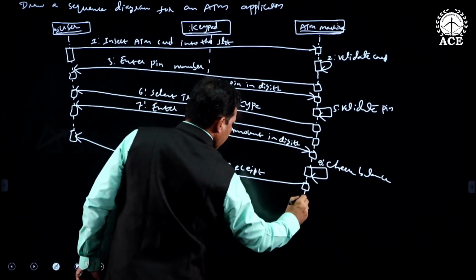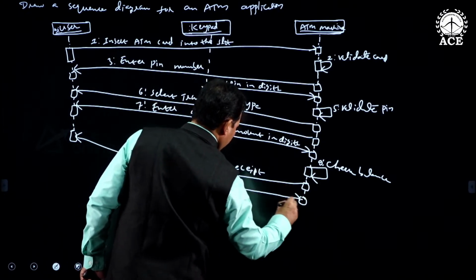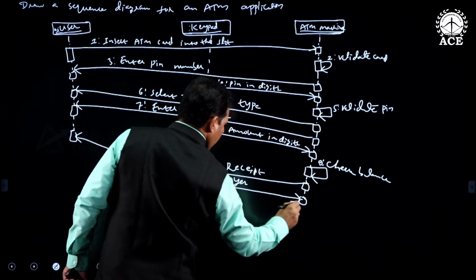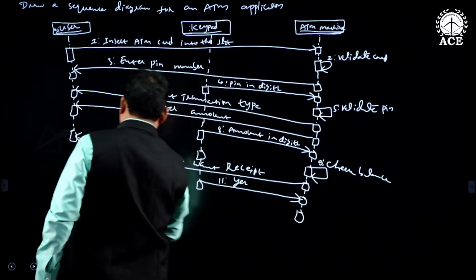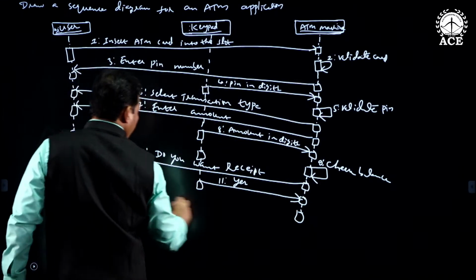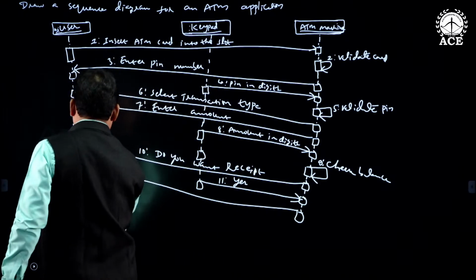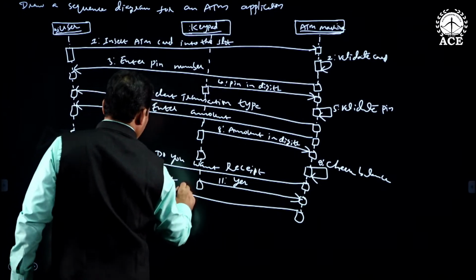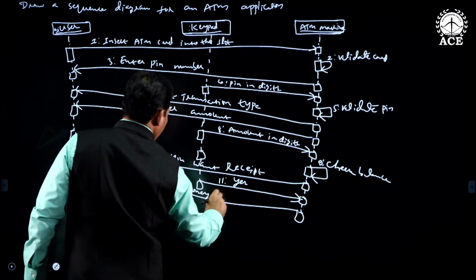If the user wants a receipt, you have to give the message, yes. Then the ATM machine will tell you to collect money and receipt.